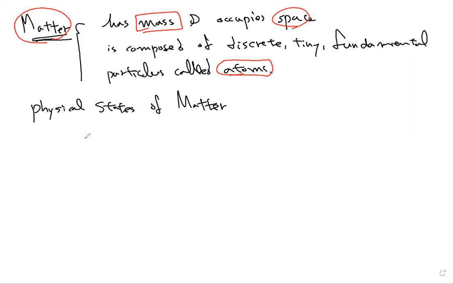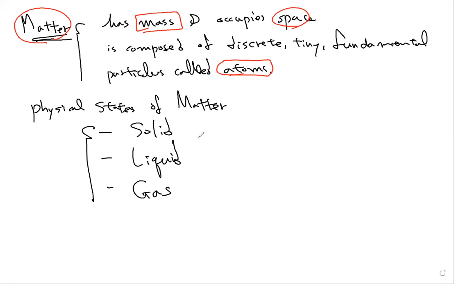What are the physical states of matter? There are three physical states of matter: solid, liquid, and gas phase. We are going to study the three physical states from now on.